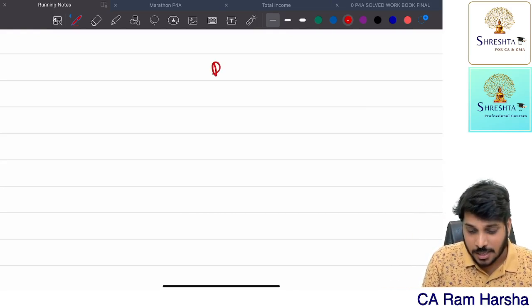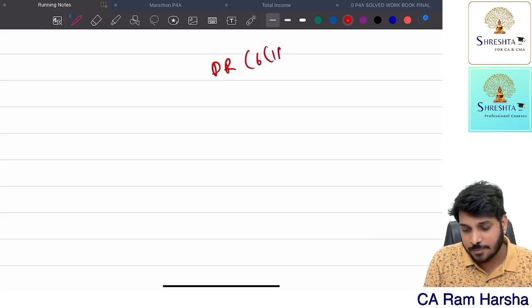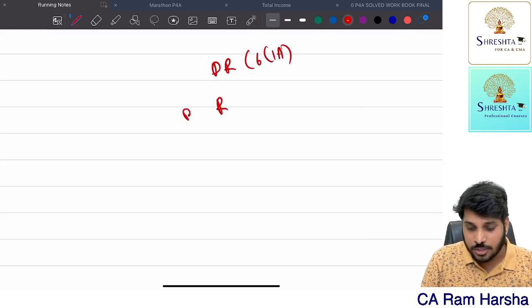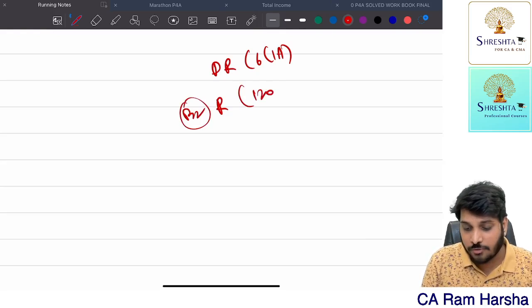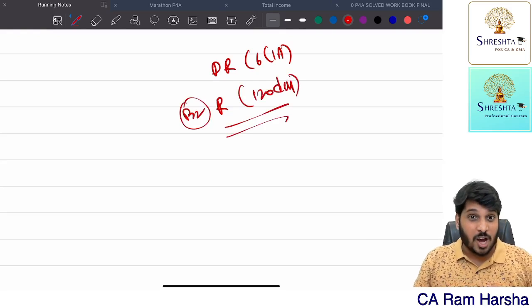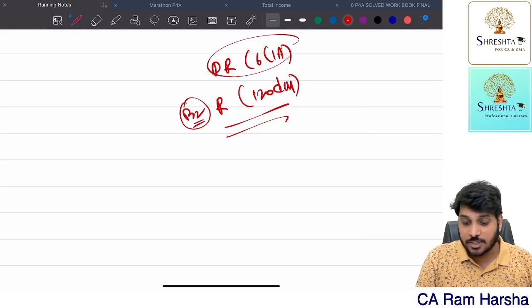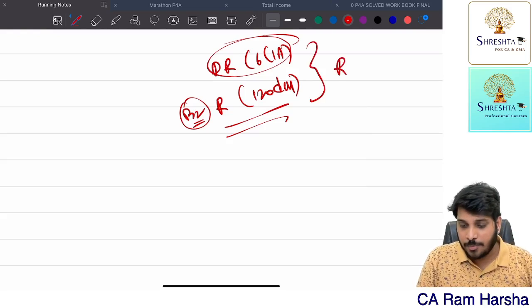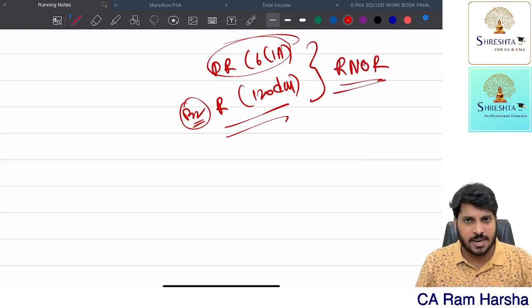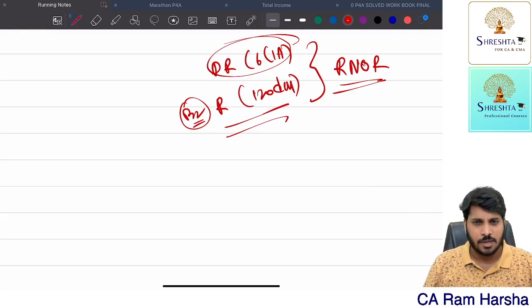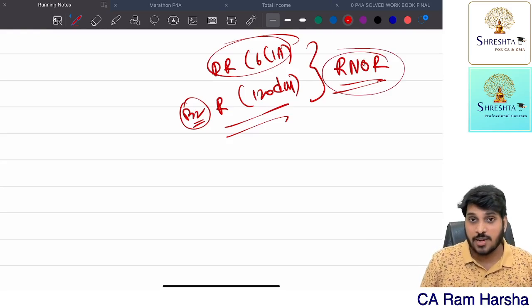Now, a person who is a deemed resident under 6 subsection 1A and a person who satisfies condition B2 because of 120 days criteria, these people are always RNOR, resident but not ordinarily resident. Sir, I told deemed resident, na, is he ROR or RNOR? He is always RNOR.